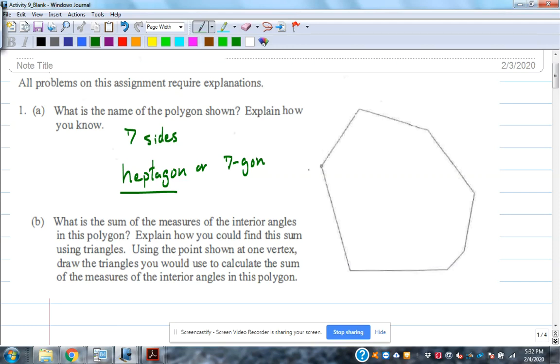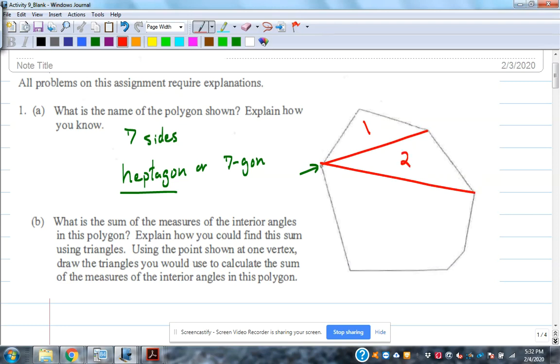So here's the point that they're referring to, that little point right there. So I'm going to draw triangles from that point. I'm going to draw a line and create a triangle right here. There's one triangle right there in the top. So one. And then from that same point, I connect to the next vertex. So there's the second triangle.